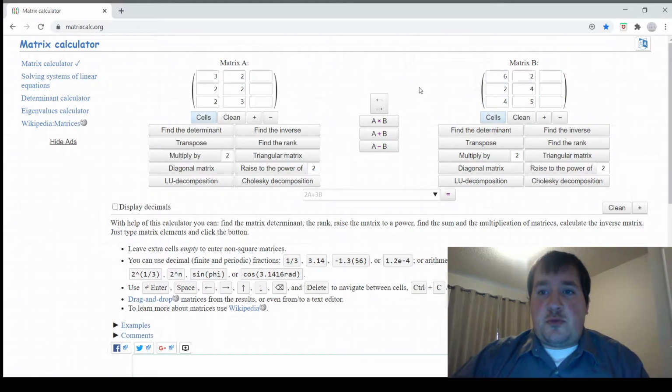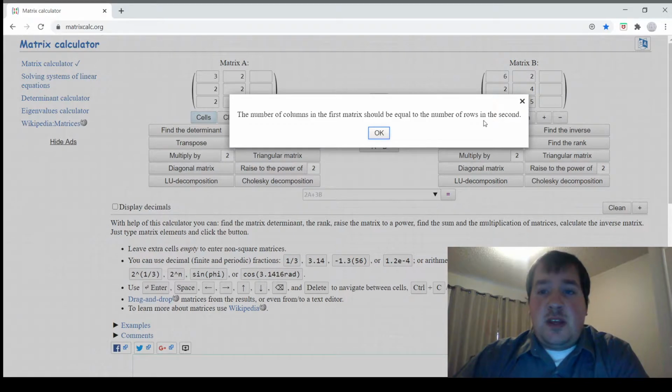All right. So if this is a 3 by 2 times a 3 by 2, hopefully we all know, is this going to be able to be multiplied by each other? The answer is no. Because remember that the number of columns in the first matrix should be equal to the number of rows in the second.